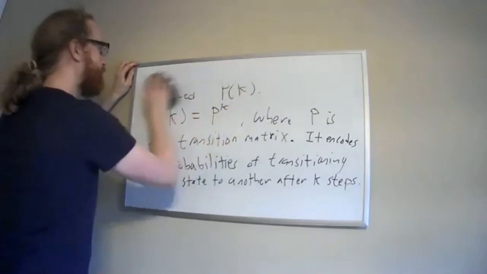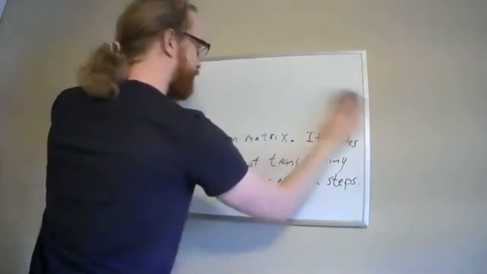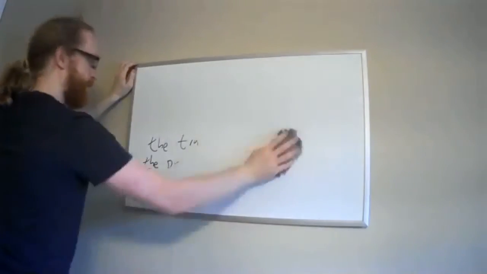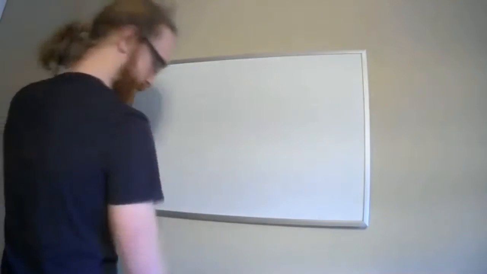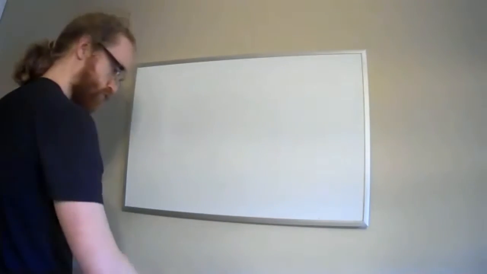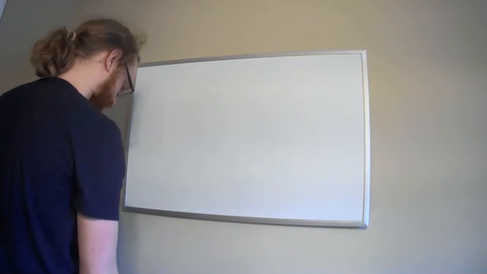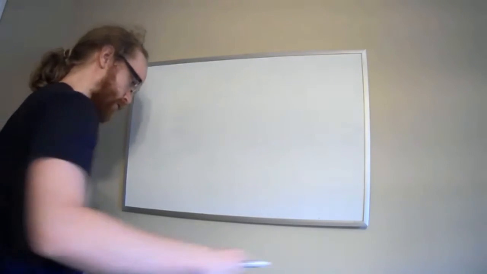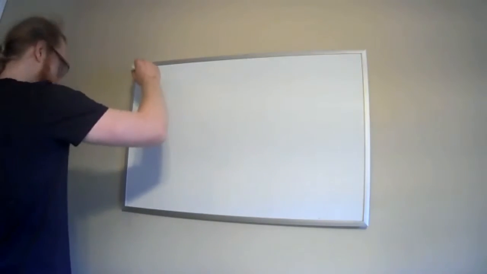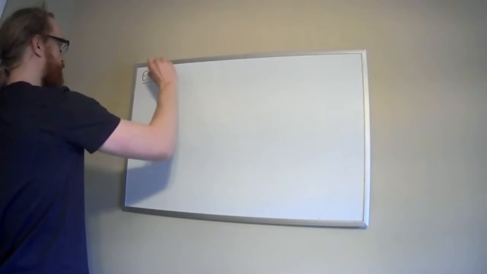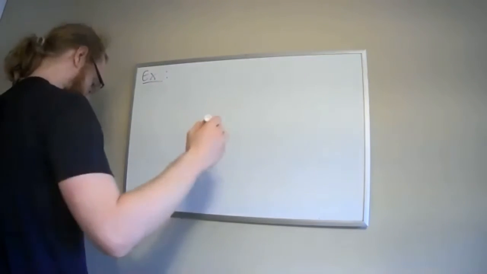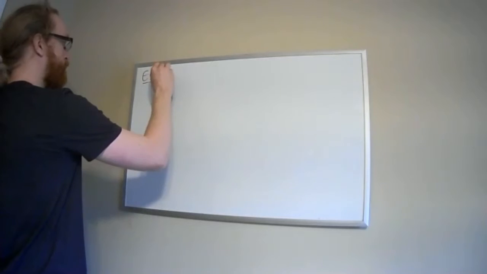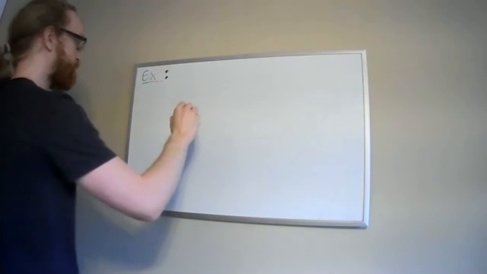Cool. So let's see some examples. Okay, some particular examples in mind that I want to look at. So what I'm going to do for this example is draw a transition diagram.